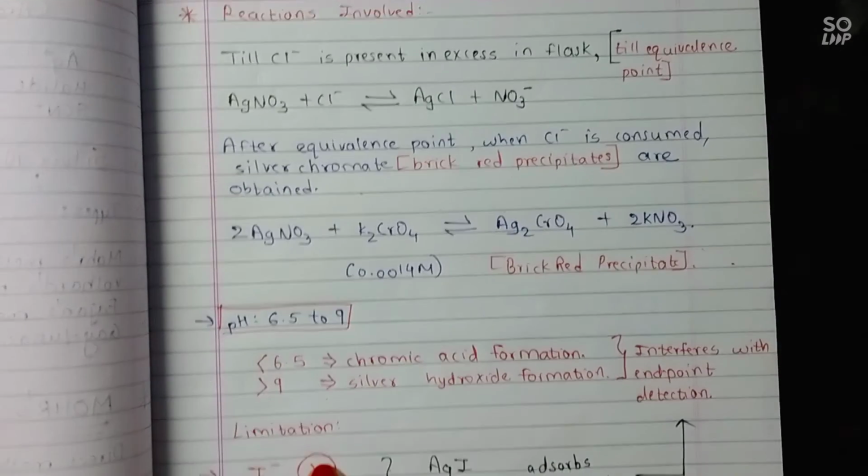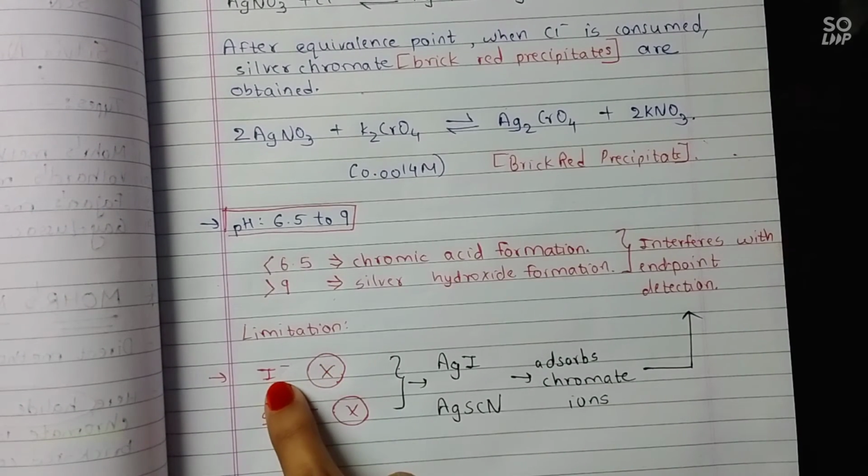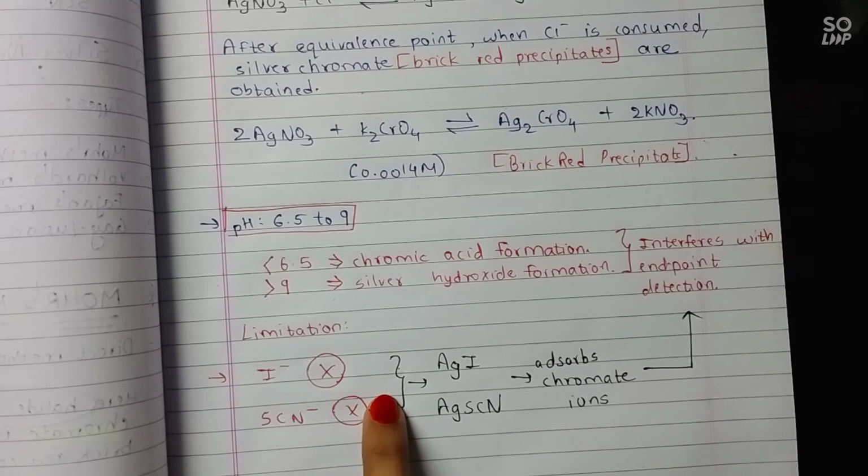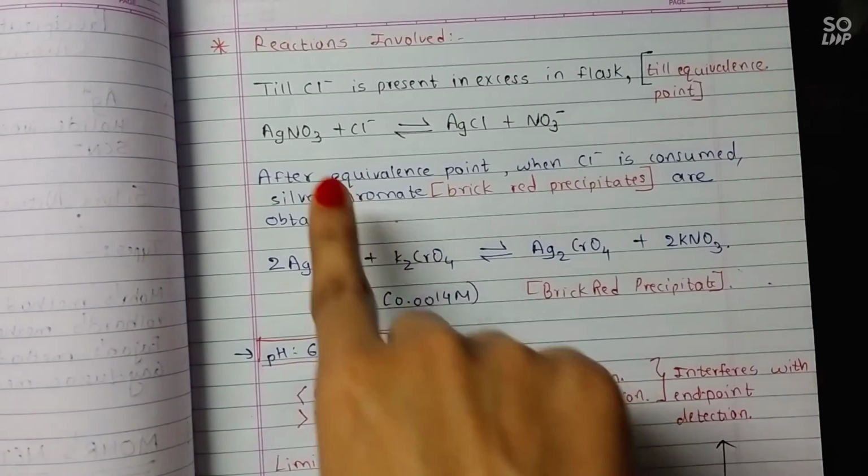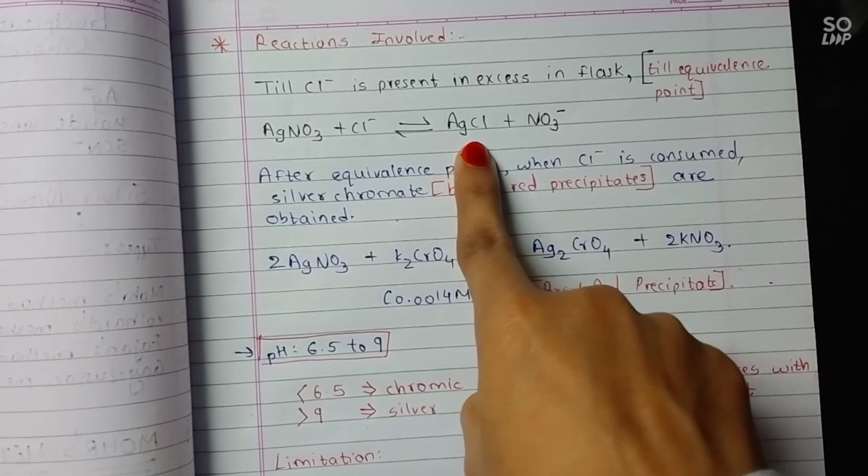Another limitation is that it cannot be used for iodide ions and thiocyanate ions. This is also very important. Note it for your GPAT and NIPER points. Iodide and thiocyanate ions are not detected through this Mohr's method. Why? See here, when we used chloride, what were we getting?